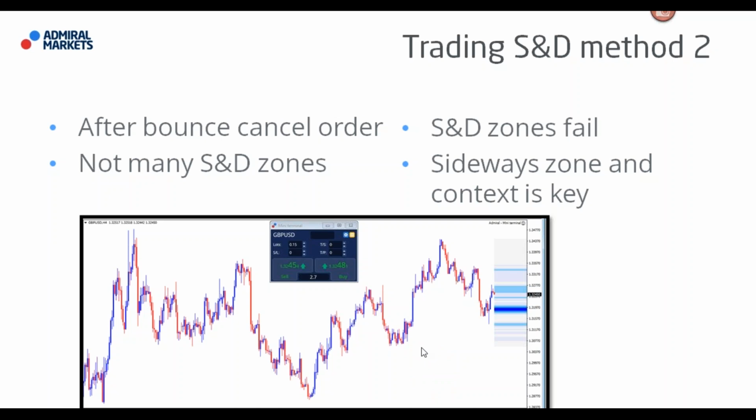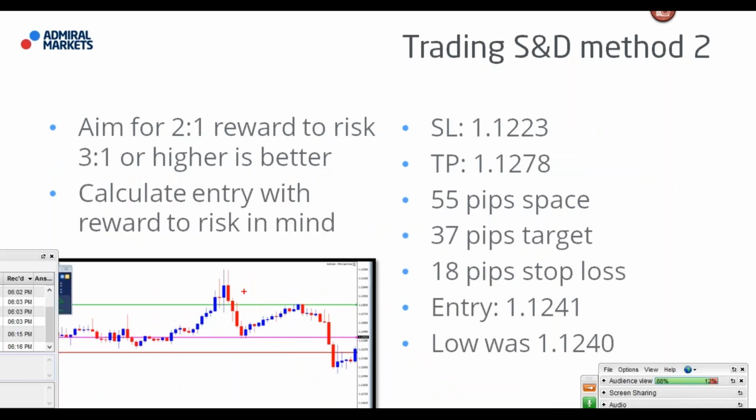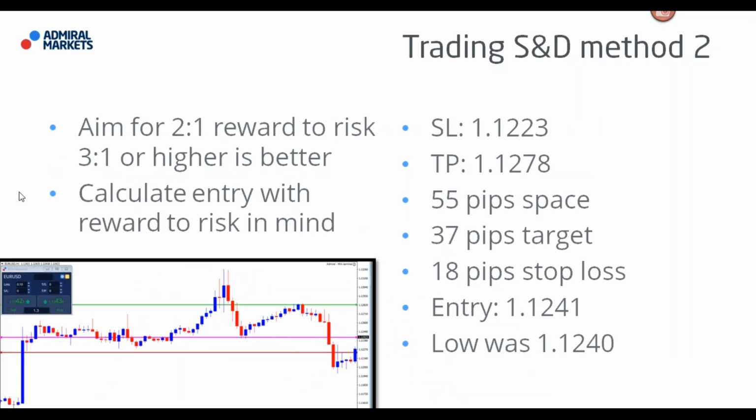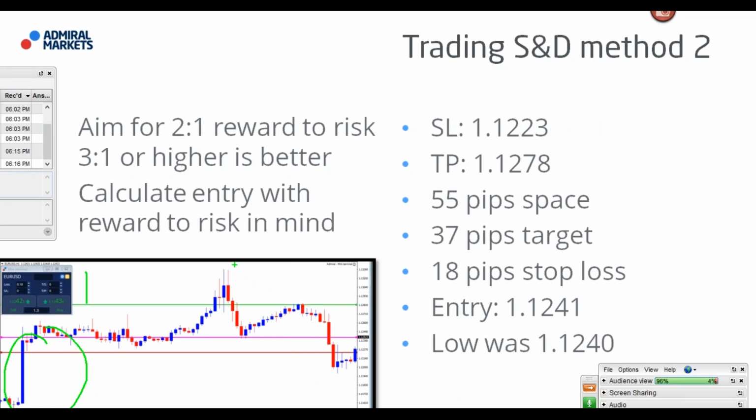One more thing I should mention, I forgot to add it here, I just realized it now: also important is the speed of the second impulse. Here we have the first impulse, and this is the second impulse.